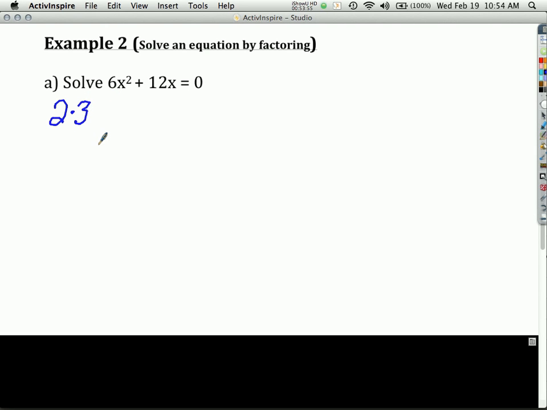That's 6. Times x times x. That is 6x squared. Now, the 12x. Let's break it down. What prime numbers would I use to multiply to get 12?